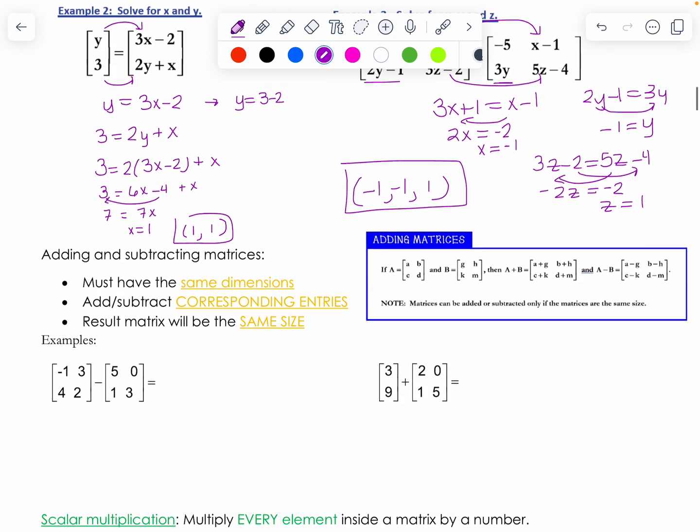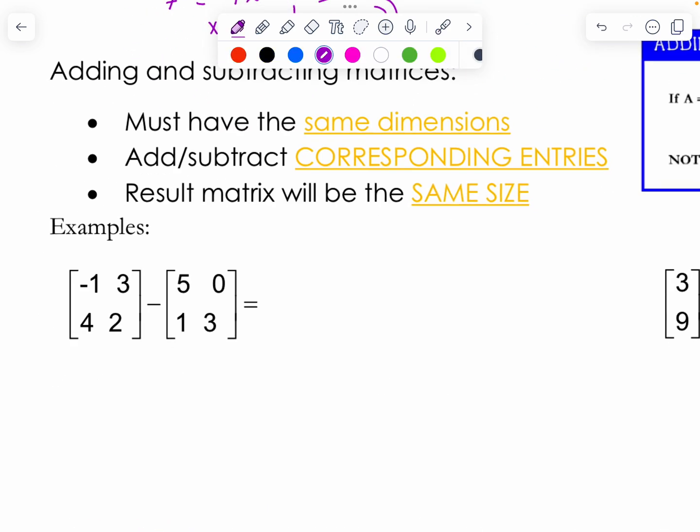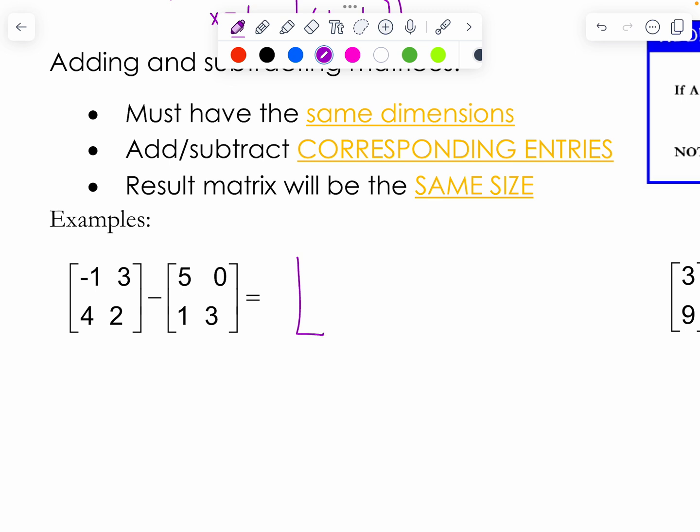Now we can add and subtract matrices. We just have to make sure that we add and subtract corresponding entries, and the resulting matrix is going to be the same size. So for this one, I'm going to subtract. I would do negative 1 minus 5, 3 minus 0, 4 minus 1, 2 minus 3.